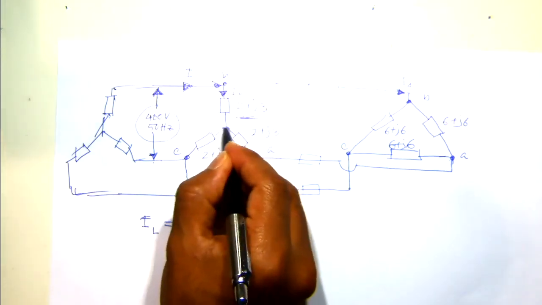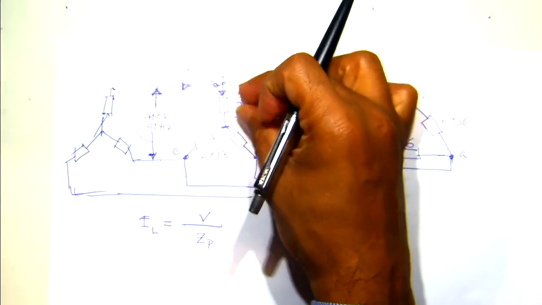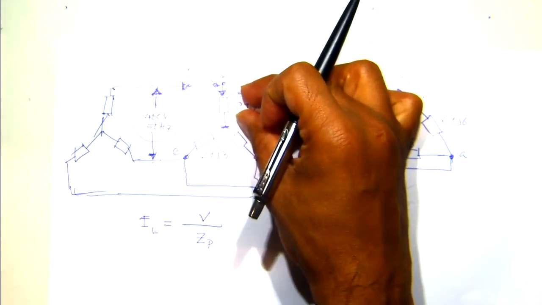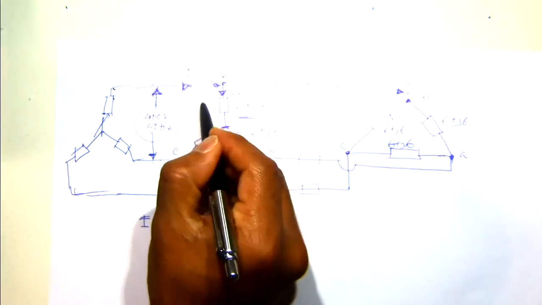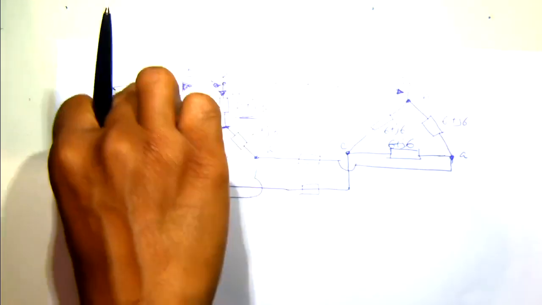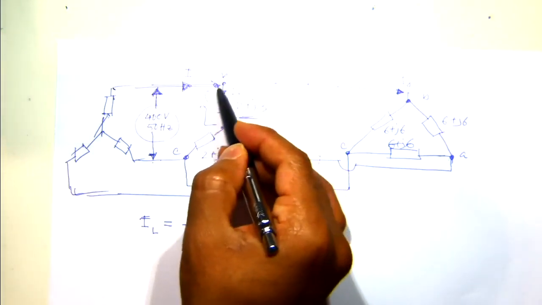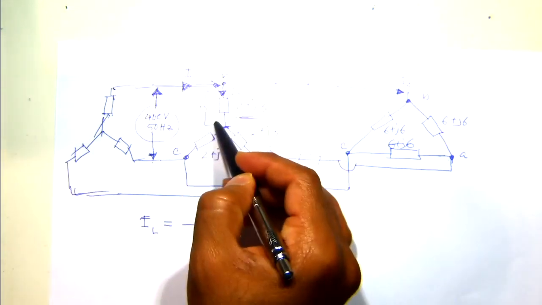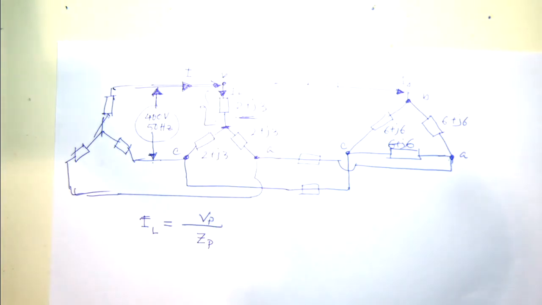If I want to get the current by using this impedance, which voltage should I consider? The voltage across this part or the total voltage? Because I am using the impedance of only this part, I am considering the phase voltage.